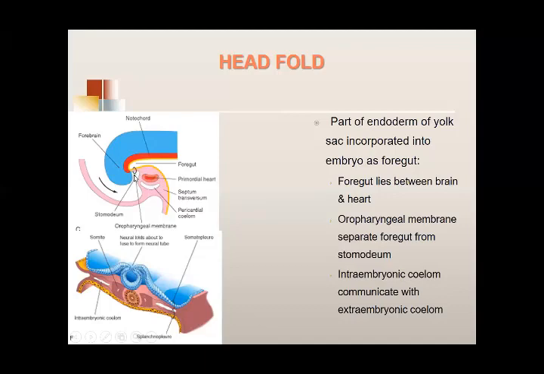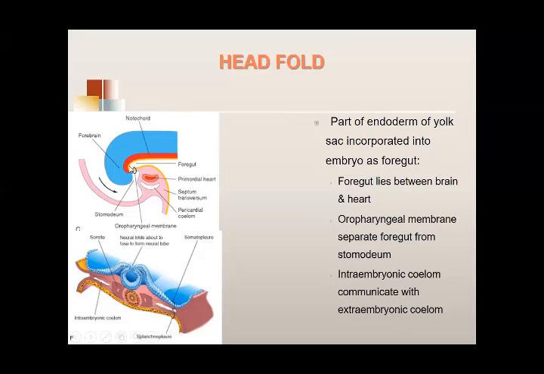And this is the stomodium, the developing mouth. This oropharyngeal membrane separates the stomodium from the foregut, the cranial part of the foregut. And we just said that the cranial part of the foregut is the pharynx. Stomodium is the developing mouth.